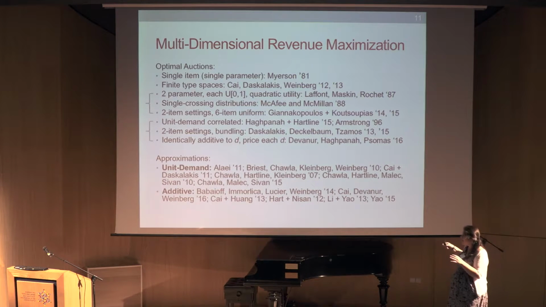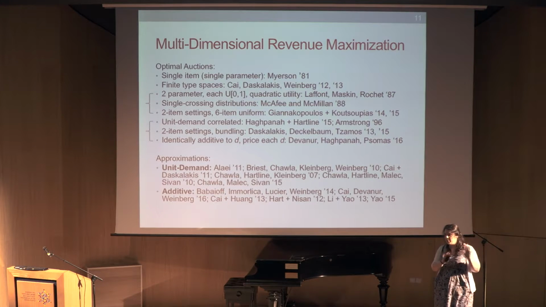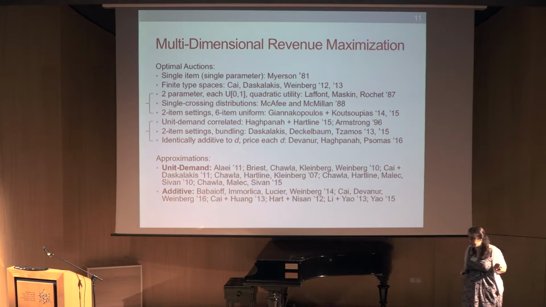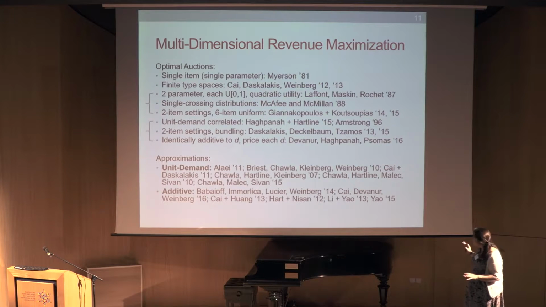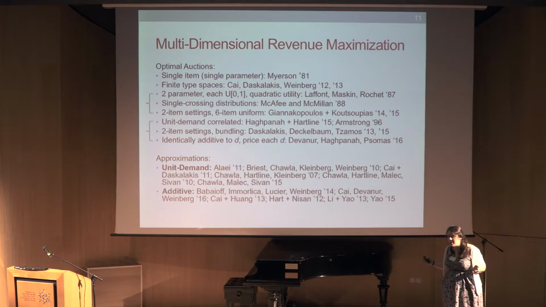So the first set is, in these settings, we know the full characterization, and the other set is, we like this mechanism, here's when it's optimal. Or here are some cases when it's optimal. So this is a list of optimal auction results for the multi-parameter setting. And then there's an extremely long line of approximation results for the multi-parameter setting. And all of the results are extremely clever, but the point is that we still don't know that much about optimal auctions. And they're very complicated.